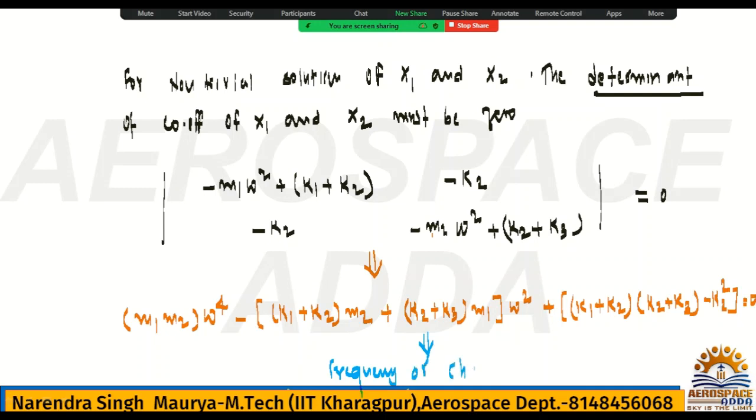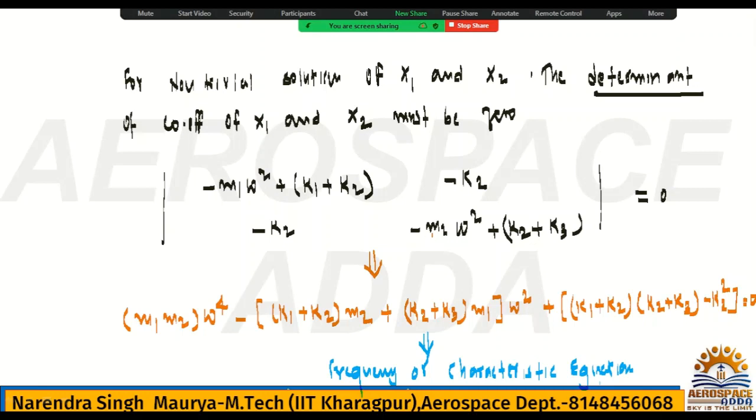So omega1 square and omega2 square, 2 roots you will get.